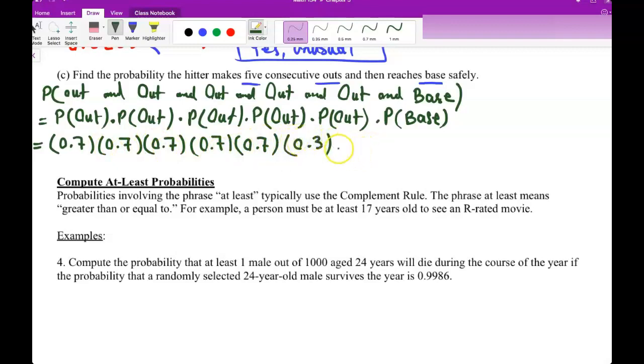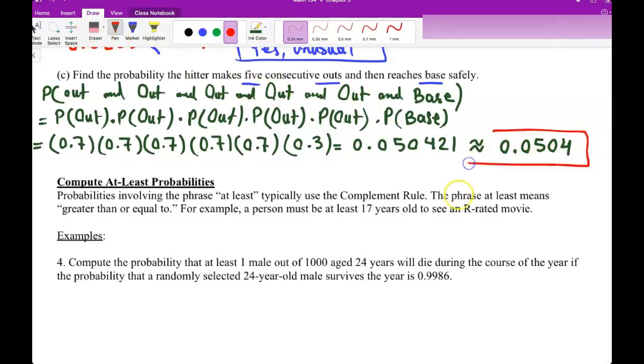Okay, so that is equal to, multiplying all these numbers, 0.050421, and we should round it, that is 0.0504. So this is the answer for part C.